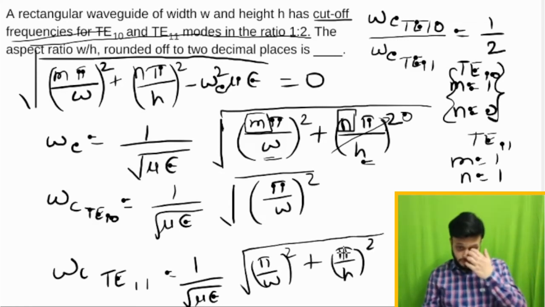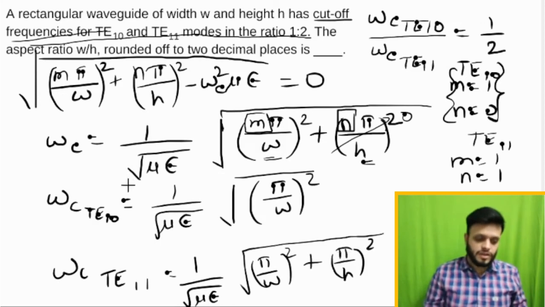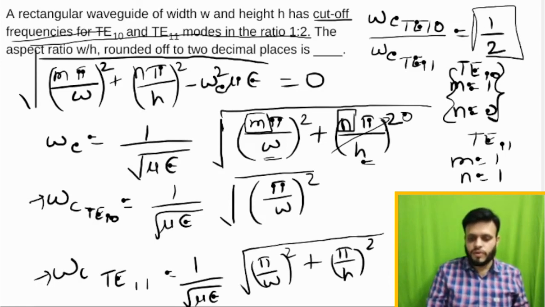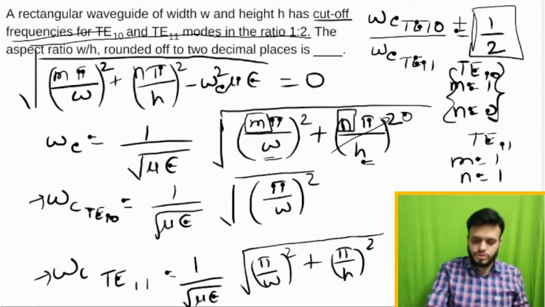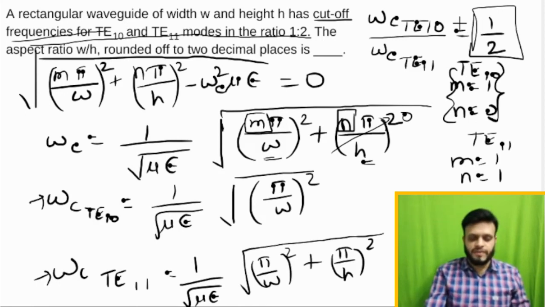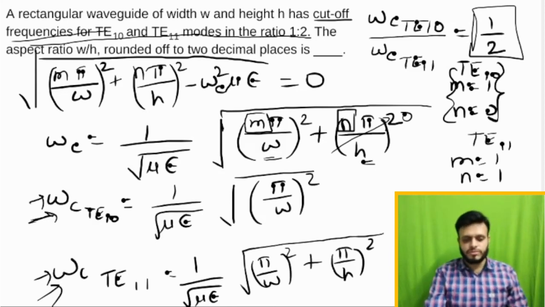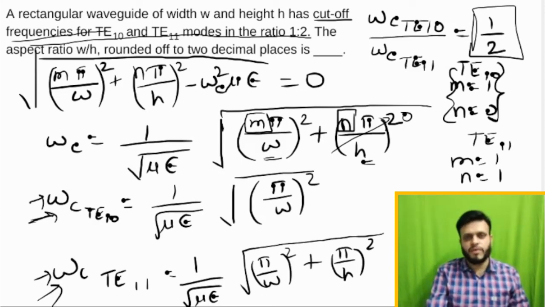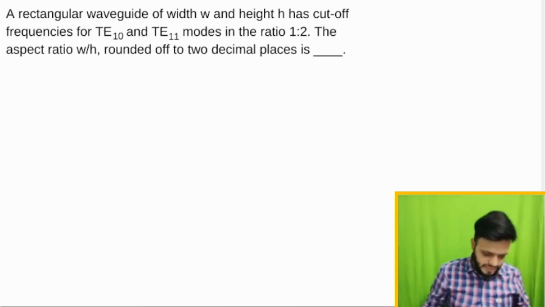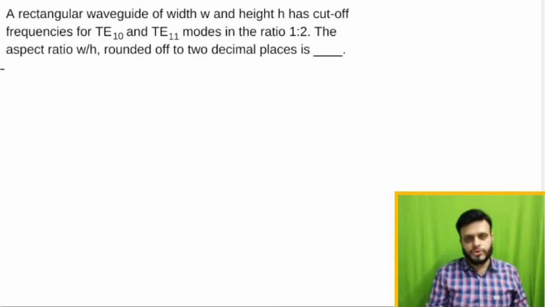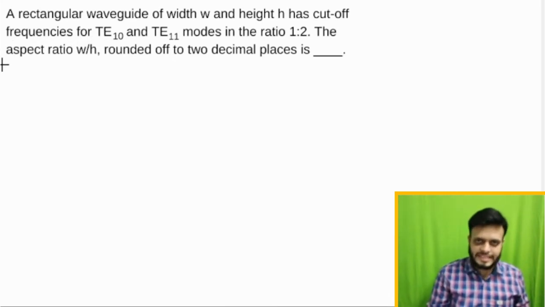So now we already know the ratio of these frequencies is 1 by 2. We will divide omega c TE10 by omega c TE11. So we'll go to the next slide and divide. The 1 over square root of mu epsilon will get cancelled.